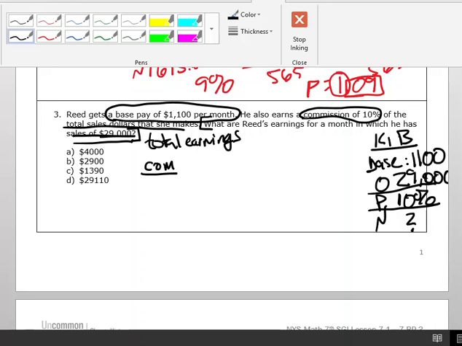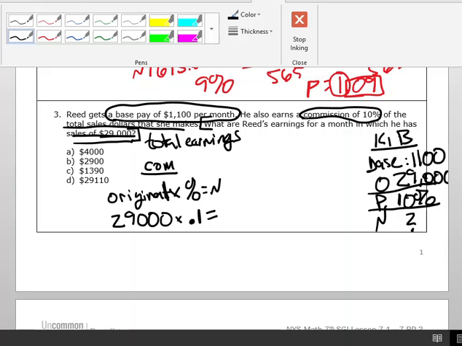My commission. All right, I have original. Whoops, I don't know why I always make that a T. Times percent is equal to the new. So my original here is 29,000 times 0.1, and that's going to equal my new.